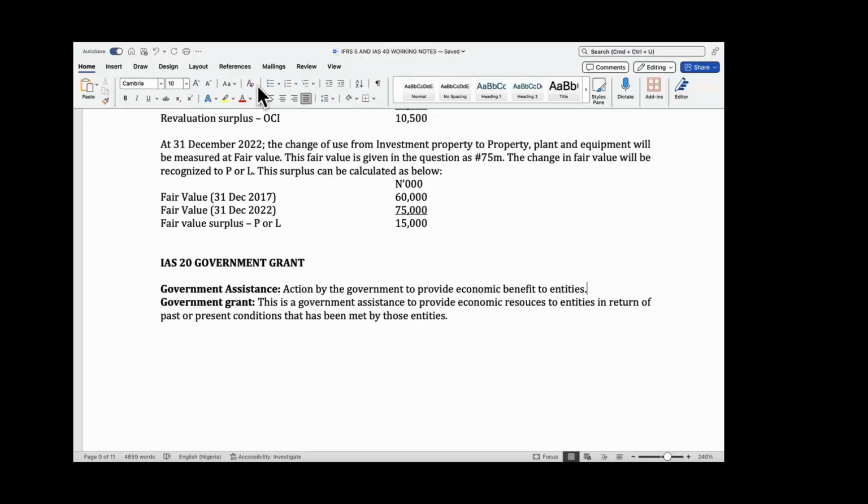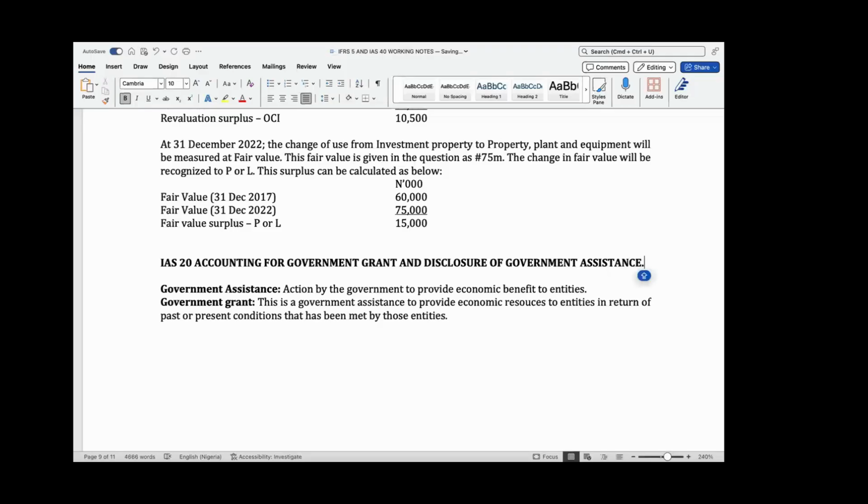Those are government grants. So basically, the full name of this standard is accounting for government grants and disclosure of government assistance.